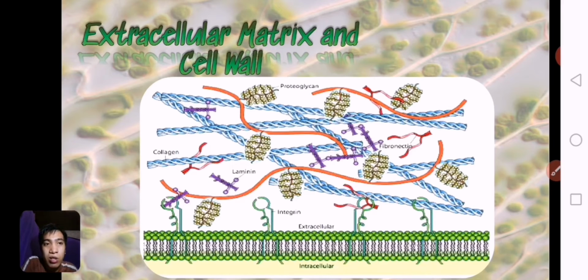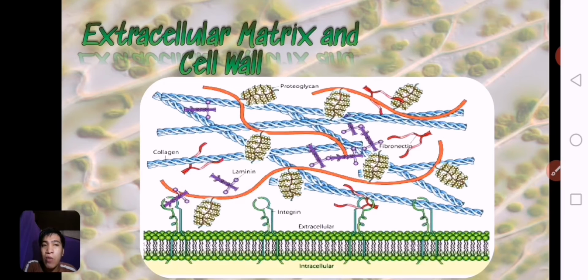Okay, yes. It is right. She is right. So, extracellular matrix is found outside of the cell wall.